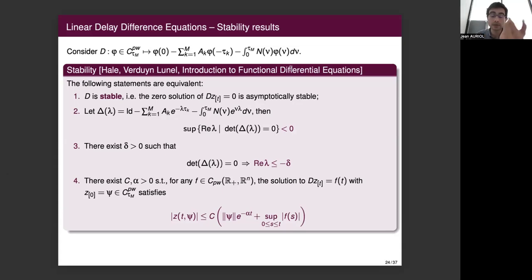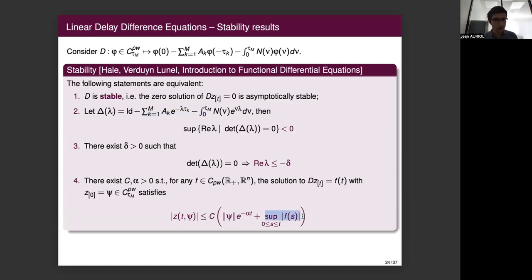If you write the operator associated with this equation, you know that this operator D is stable, which means that the solutions are asymptotically stable, if and only if the characteristic equation, which is this complex function, has all its roots in the left half plane. You can show that this is equivalent to having the roots smaller than a given minus delta, but also to have ISS results, which are given as follows. You can show that you are bounded by the norm of the initial condition with an exponential decay and the supremum of your function between 0 and t.